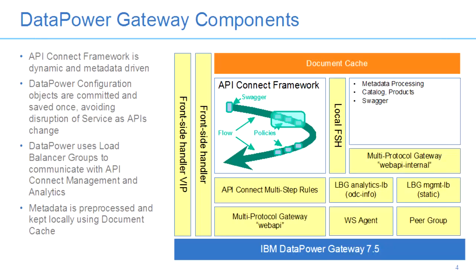We have a bunch of statically created objects in DataPower that are saved into their own application domain, which we're depicting in yellow. We have a couple of multi-protocol gateways that we configured. One is our API multi-protocol gateway, and another is an internal one that does everything else that we need.